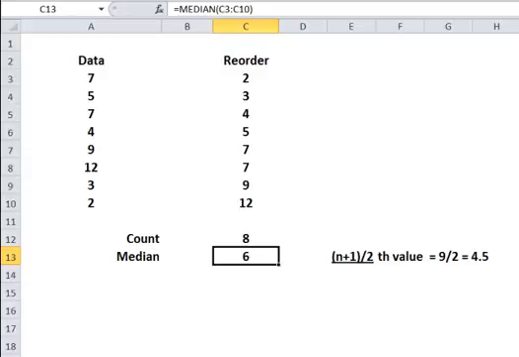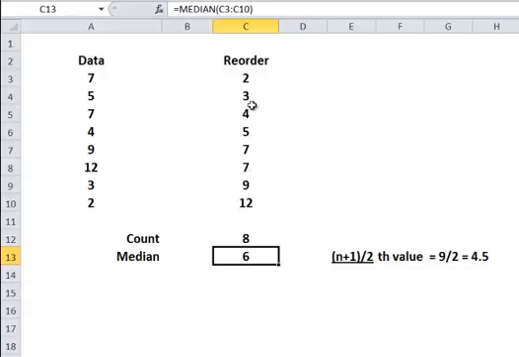Next I want the median, and the median was given by the formula in some notes we had in different videos. But in here we can just type in equals median. What's the median? C3 to C10. 6. 6 is the middle number. 3, 6, 8.